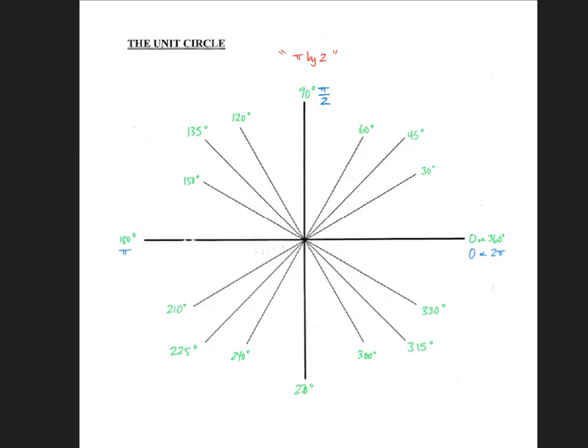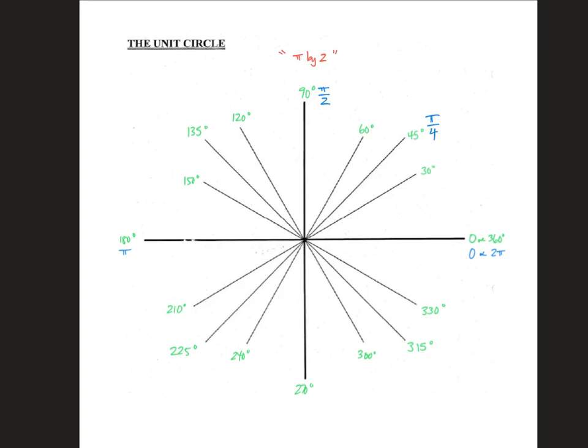Okay. I think we could then work our way through the rest. The next easiest angle for us is probably a 45-degree angle, because a 45-degree angle is half of a 90-degree angle. And if I take half of a pi by 2, then I get a pi by 4. Now let's fill in the rest of our angles that are in the first quadrant.